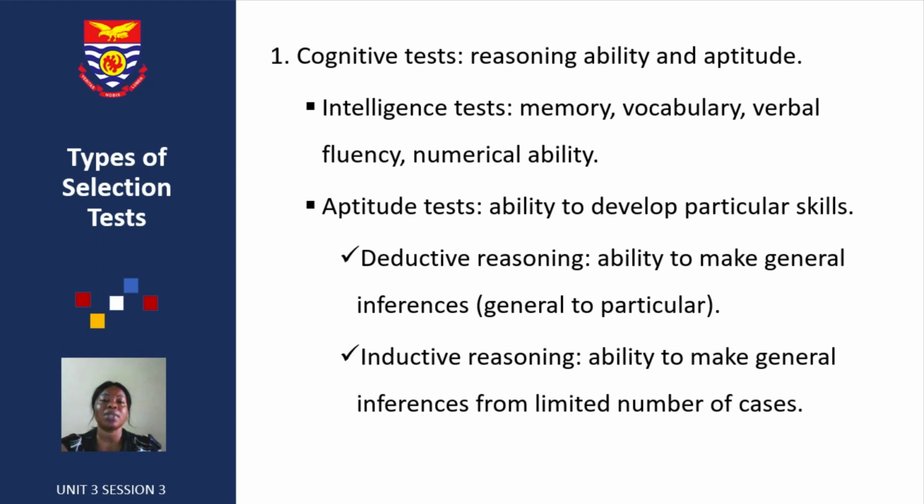Deductive reasoning is our ability to make an inference from a general scenario. So here we say UCC students are intelligent. The fact that you're a student of UCC then means that you are intelligent. The inductive reasoning is where you make inference from a limited number of cases. So here we are going to say you are a student of College of Distance Education, UCC.